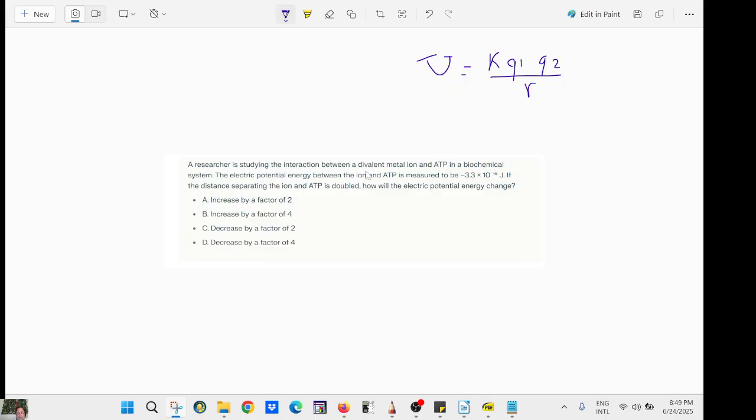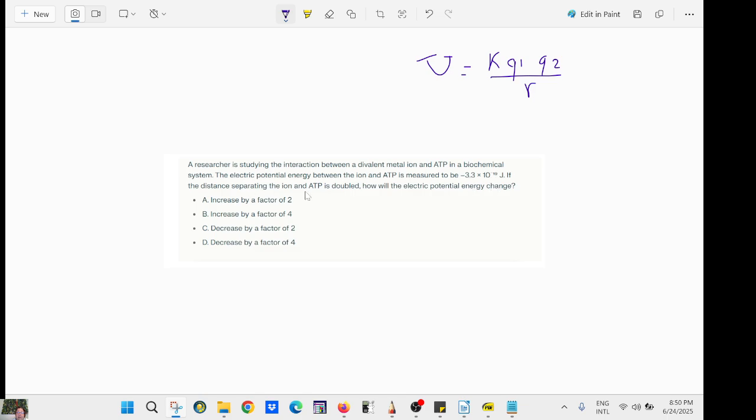So it's a potential energy, so it depends on the configuration of the system. Okay, so the position of the charges relative to each other. And here it's a negative. It's a negative electric potential, which means if you want to separate the charges, you will have to do work.